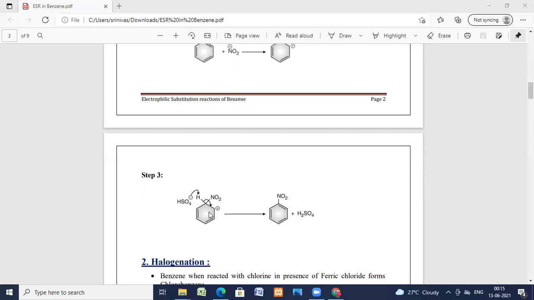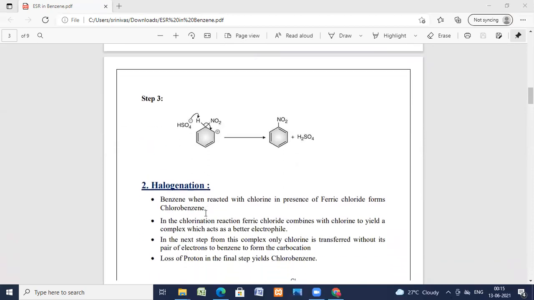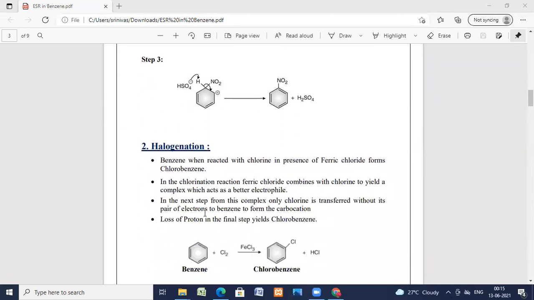Now we'll see the second substitution, that is halogenation reaction. Benzene, when reacted with chlorine in presence of ferric chloride, forms chlorobenzene.